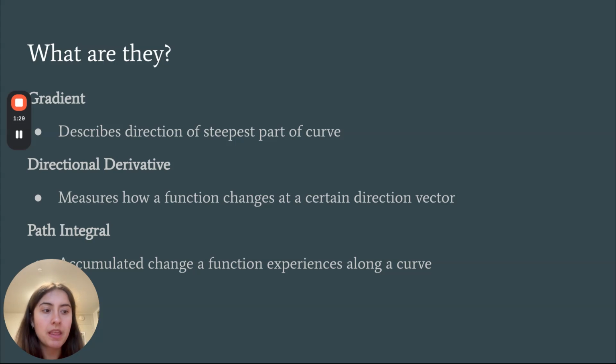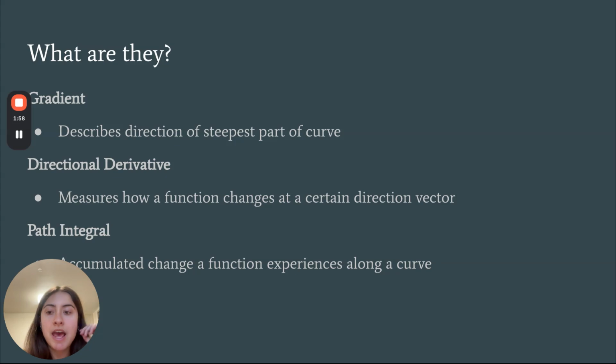And while the directional derivative and gradients describe the direction at a certain point, path integrals continuously add all the changes the function experiences along a curve. That means it adds together all the small changes that occur along the path from the starting point to the end point.